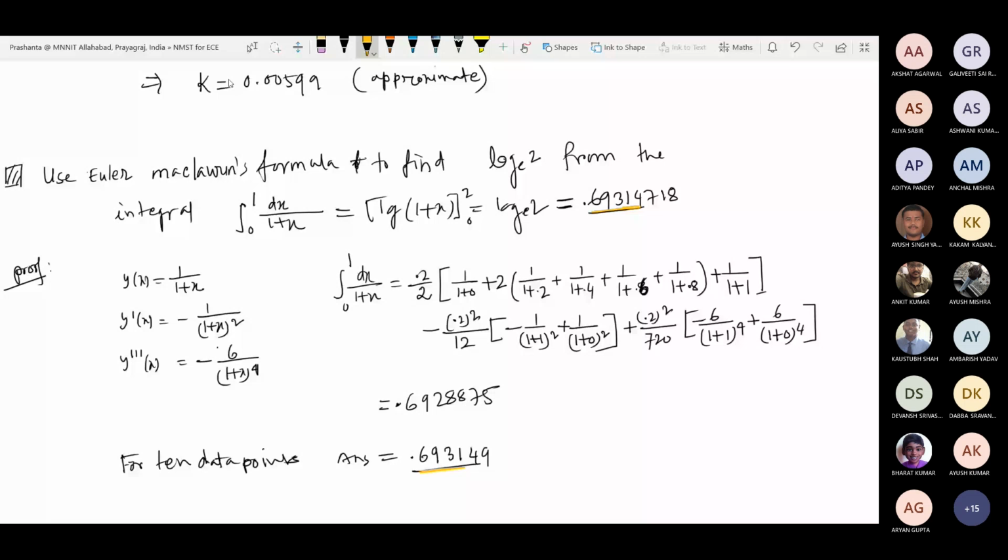The trapezoidal part you can calculate as usual, and derivative part you can also approximate. You know how to find out approximate value of the derivative because first part of the unit was that. So from there you find out the approximate value of the derivatives and use them in the formula. So that you can do when the integrand is not given, instead data points are there.